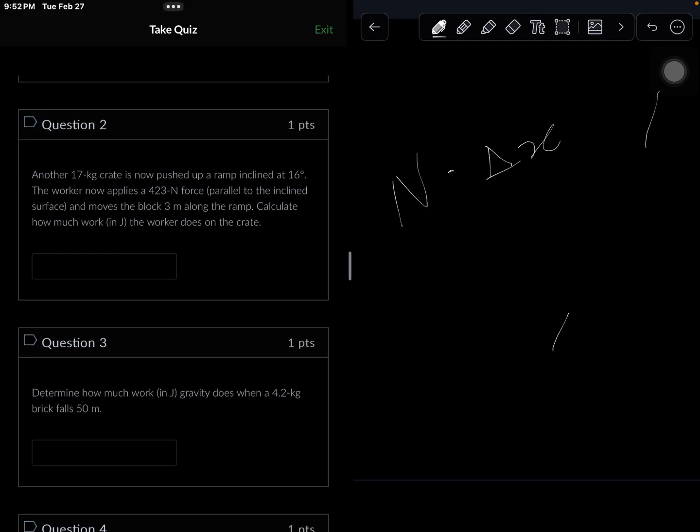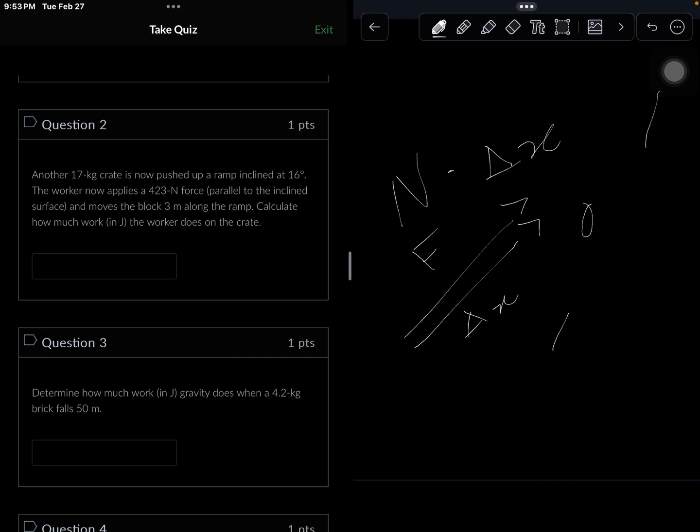Second question, another 17 kilogram crate is pushed, this time up a 16-degree incline. A 423 Newton force is applied parallel to the inclined surface. What we need to keep in mind is both the force and the displacement are in the same direction.